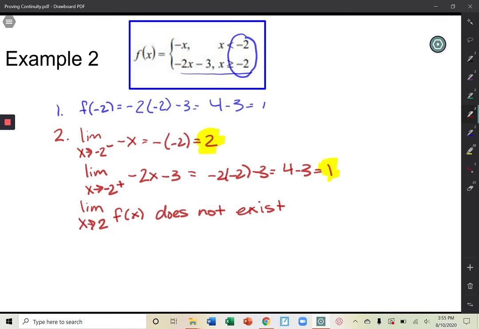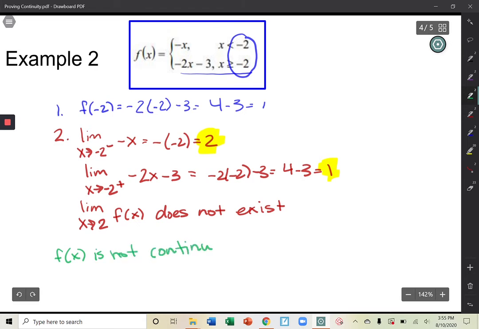So my conclusion for this then, again, if they're talking about continuity, I need to answer the question about continuity, and I would be able to say that f of x is not continuous at that one point where x equals -2. So there's an example of one that falls apart in the process, in this case because the limit fails to exist.